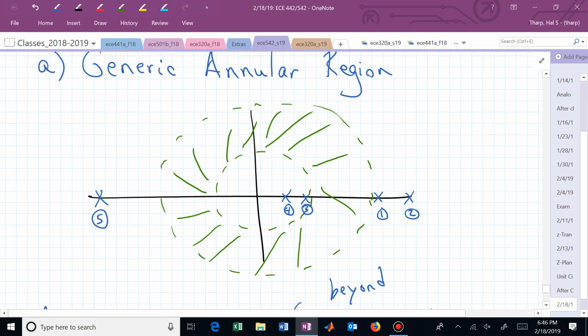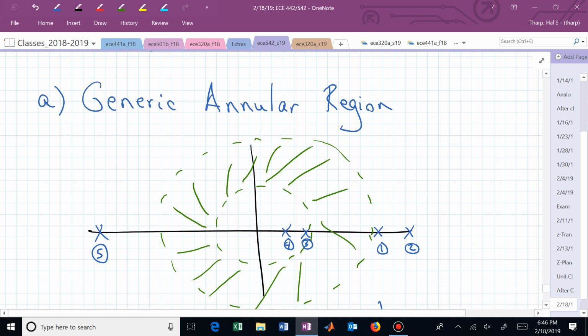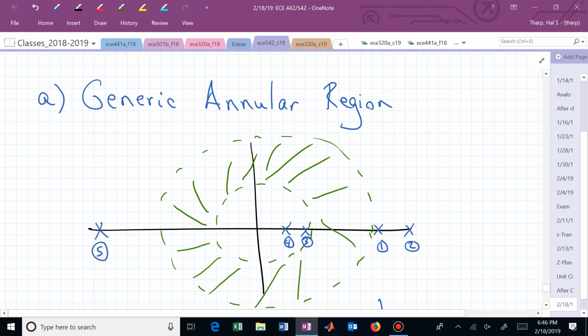What else could we say about this generic annular region, or could we? If somebody now pinned the unit circle on this z-plane, we could tell something about the behavior, the bounded qualities or characteristics of those different poles. And I'll finish that up after.